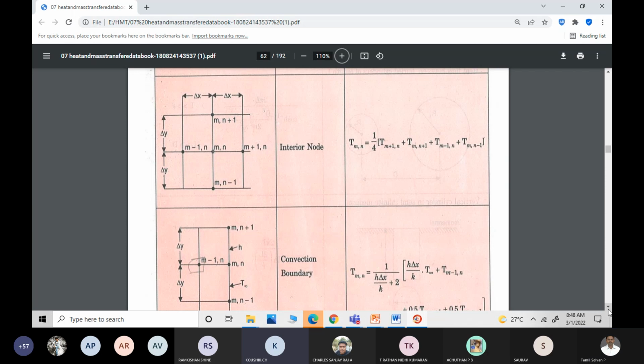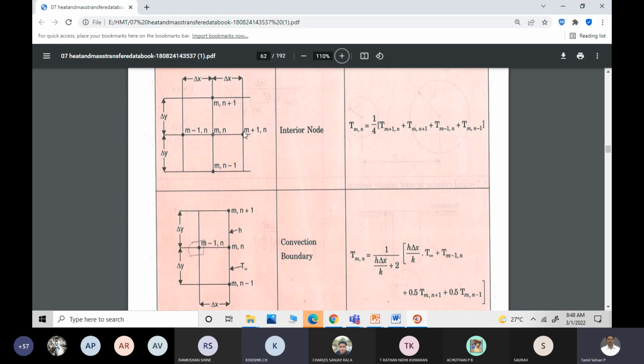Suppose instead of the nodes at a particular temperature, the side is exposed to a convection boundary, just like the iron box in your house. The iron box surface is at say 70 or 80 degrees, but it is exposed to still air in our house, right?